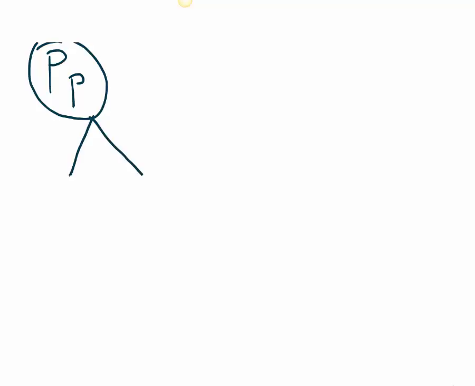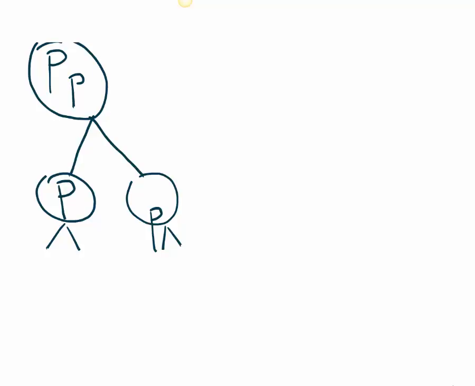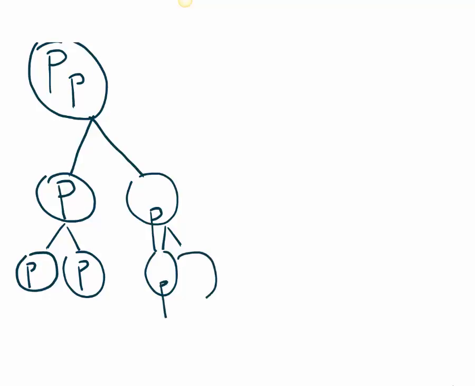In meiosis 1, the alleles are going to separate, and we're going to have one cell getting big P, and the other cell getting little p. Then each of these cells is going to undergo meiosis 2, and those alleles are going to separate. We're going to form two cells that are big P and two cells that are little p.